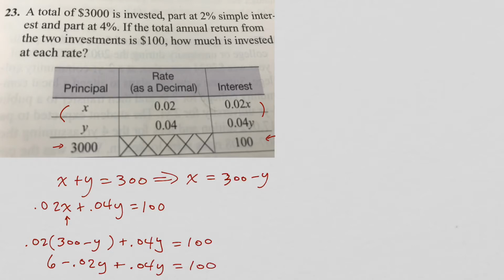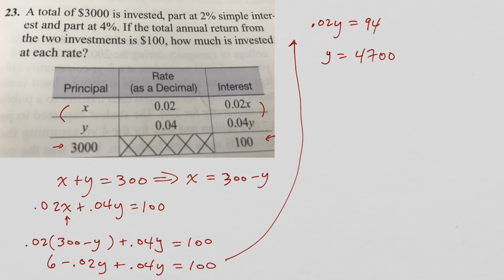So I've got, let's bring this up here. We've got negative 0.02 plus 0.04 is 0.02y is equal to 94. That's subtracting 6 from each side. So y is equal to, I'm going to divide each side by 0.02, and I get 4,700.